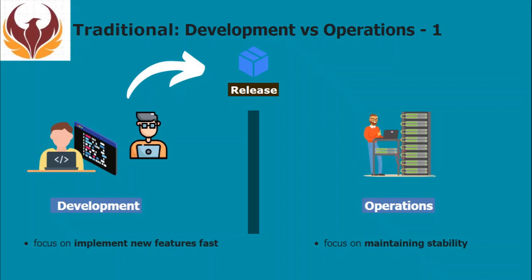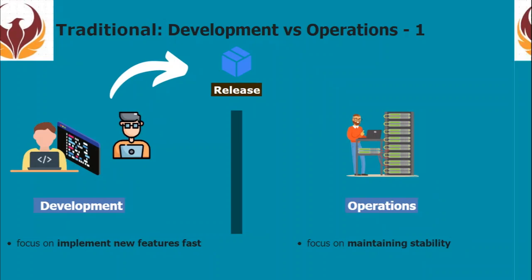The operations team would understand this, make the changes accordingly, deploy the product, run it, test it again, and then release it. It used to take a long time, a few months for a single feature to be released, which was really unhealthy in the tech industry. Then DevOps came into the picture.